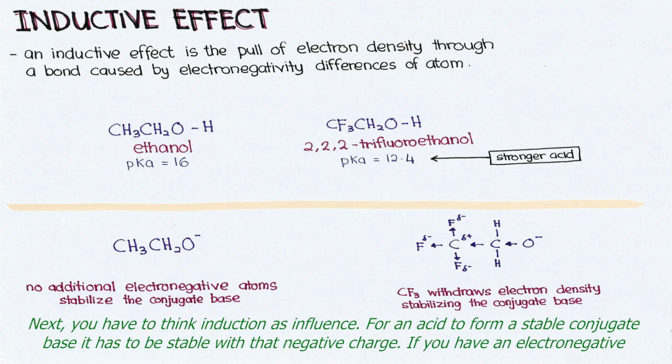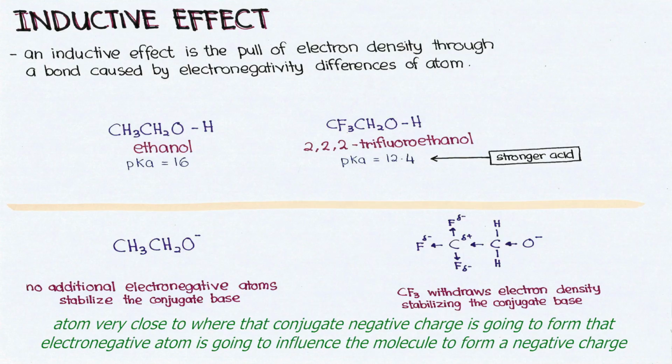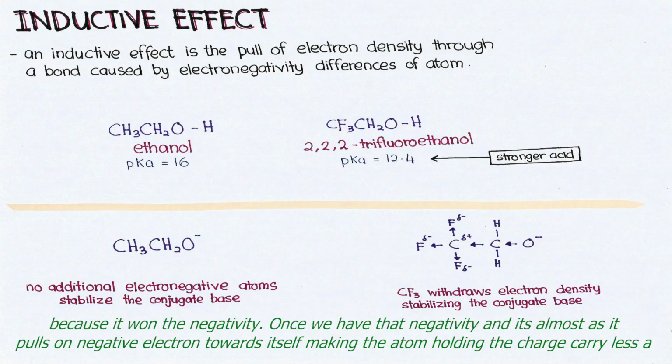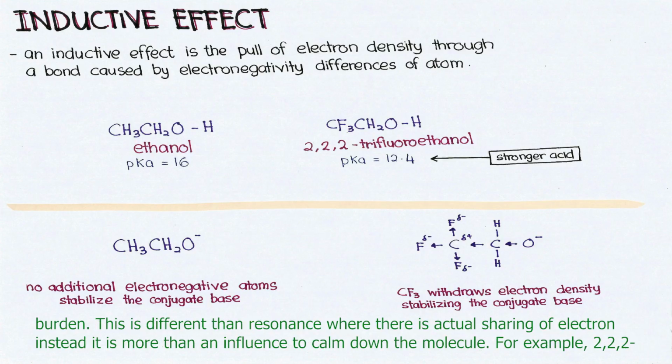If you have an electronegative atom very close to where the conjugate negative charge is going to form, that electronegative atom is going to influence the molecule to form a negative charge because it wants the negativity. It pulls the negative electrons towards itself, making the atom holding the charge carry less burden.